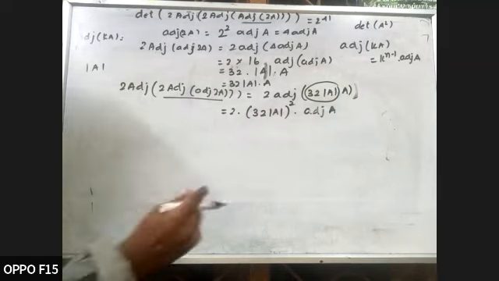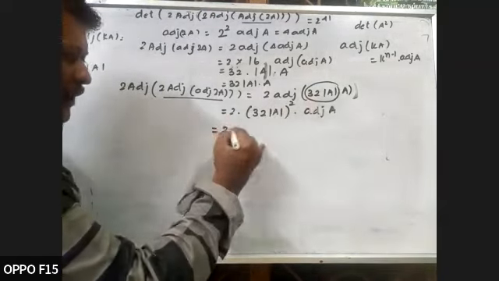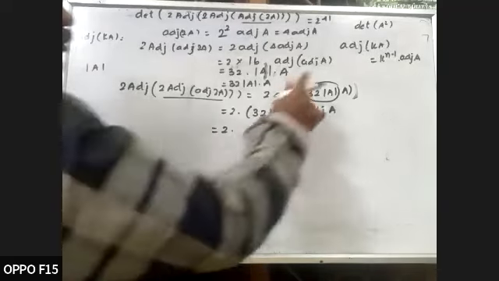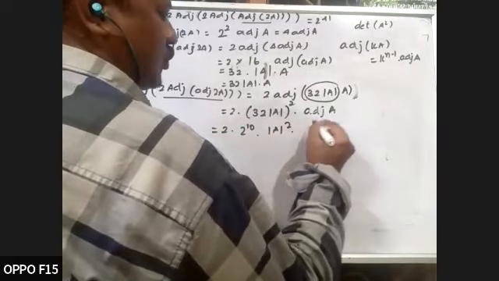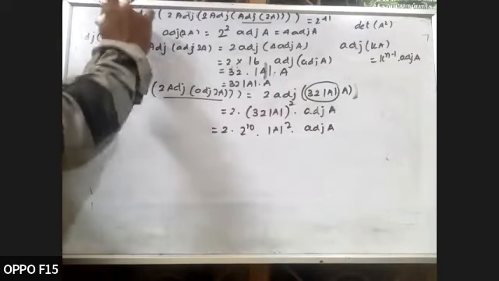So if you put here, 32 determinant of a the whole square into adjoint of a. You can write this as 2 into 32. How can we write it? 2 power 6, right? How can we write 32? 2 power 5, 2 power 5 whole power 2, which is equal to 2 power 10. Determinant of a the whole square into adjoint of a. Now what have we found at last?